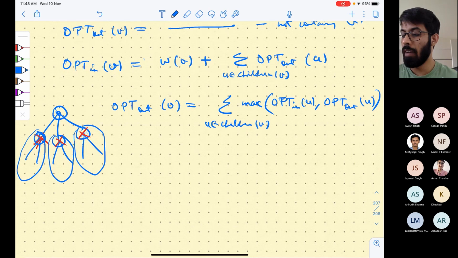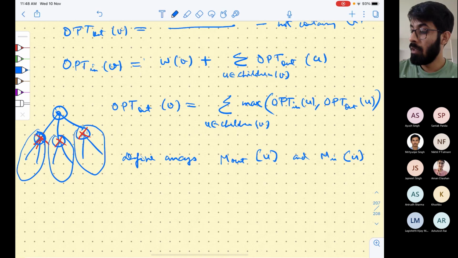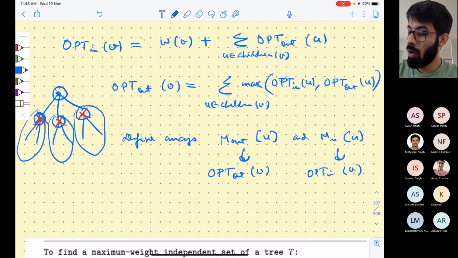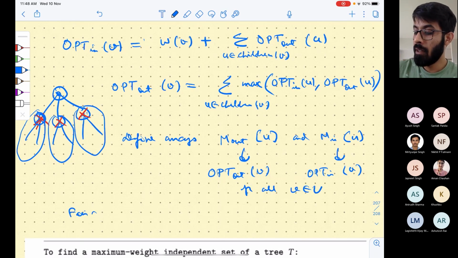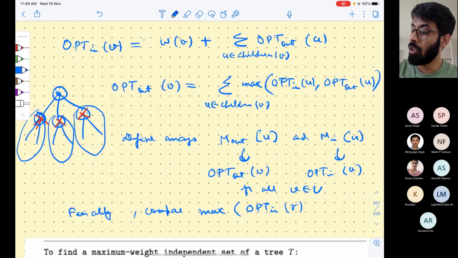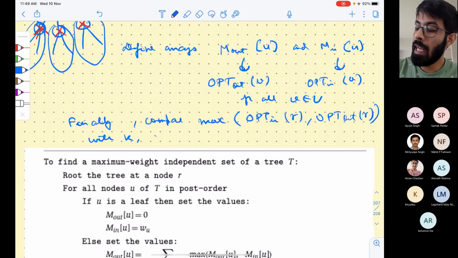So this is the recursion, and like we always do in DP, we can define the arrays, M-out of U and M-in of U. So this will store opt-out of V for all V, and this array will store opt-in of V for all V. And finally, compare max of opt-in of R, which is the root, and opt-out of R, because the maximum independent set might include the root, might not include the root, with K, and answer accordingly.